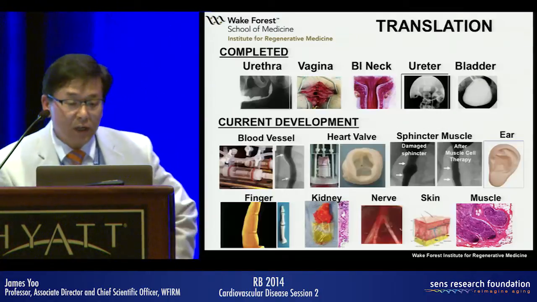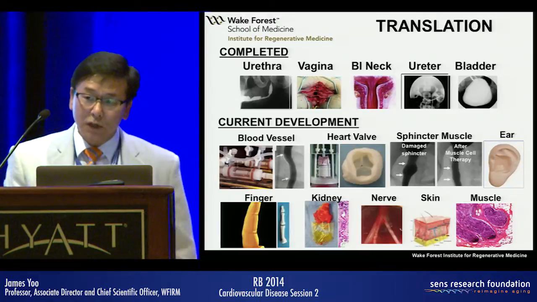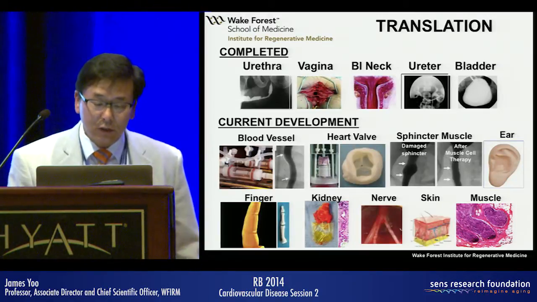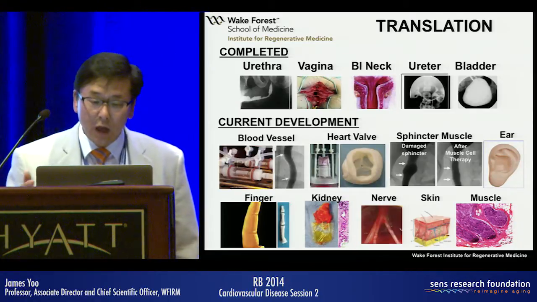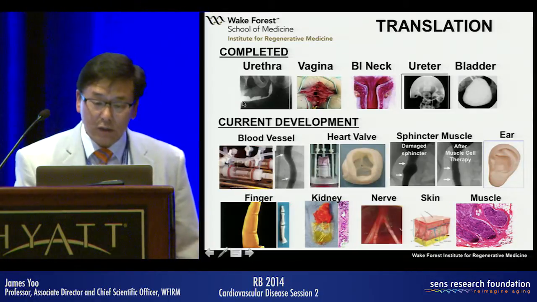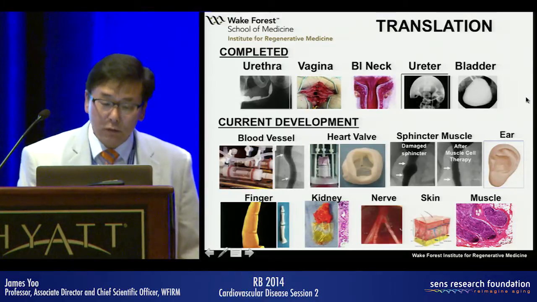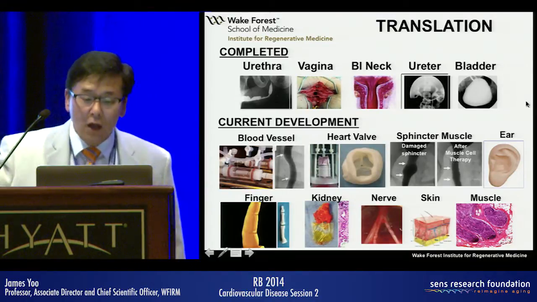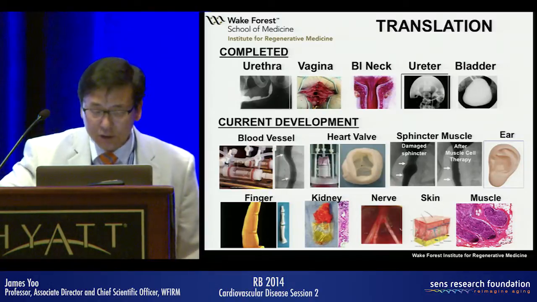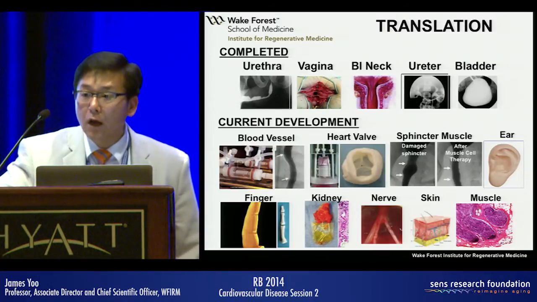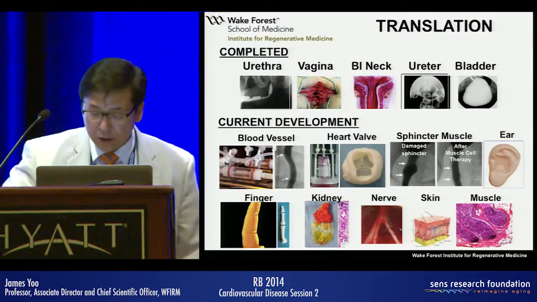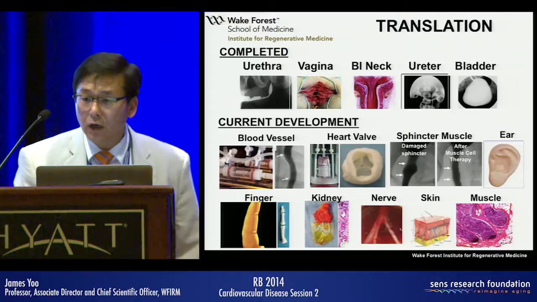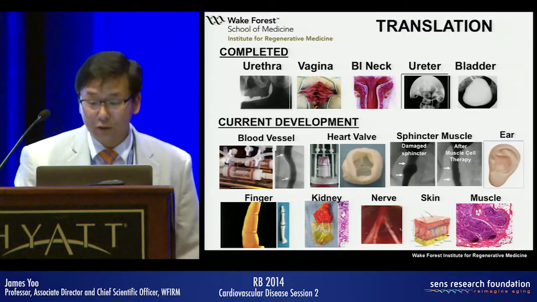So besides those, we are working on many different areas and many different tissues, and of those technologies that we develop in the lab, there are multiple applications that we have brought to patients, but there are many more technologies that we're currently working on, and the progress is different for different organ and tissue systems, and no tissue is easy and simple.